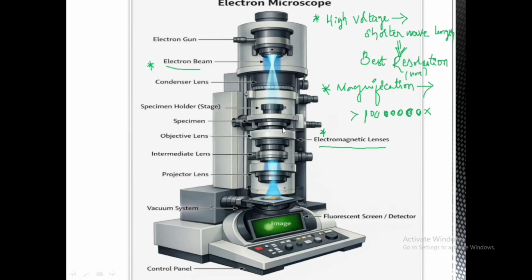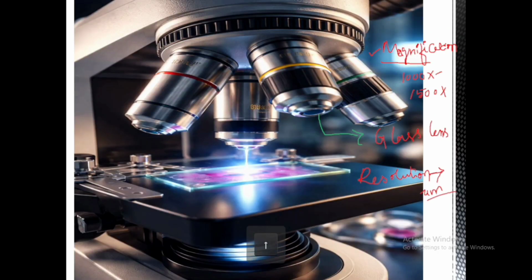Magnification we get in the electron microscope by the objective lens, intermediate lens and projector lens. These are all electromagnetic lenses, which can give a higher magnification of an image. In a light microscope, the objective lens and ocular lens are glass lenses.